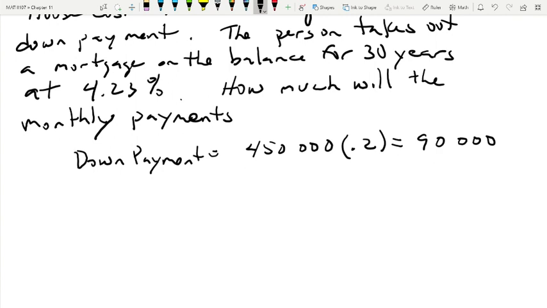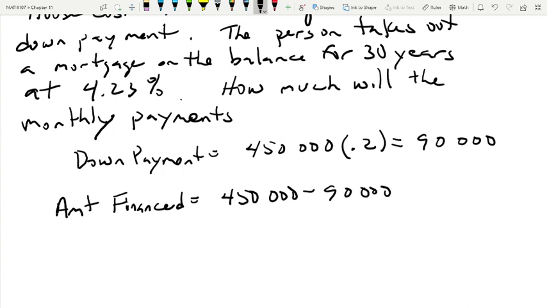Right? So then the amount financed, so the amount for the mortgage, is going to be the 450,000 minus the down payment. And so we're going to finance $360,000.